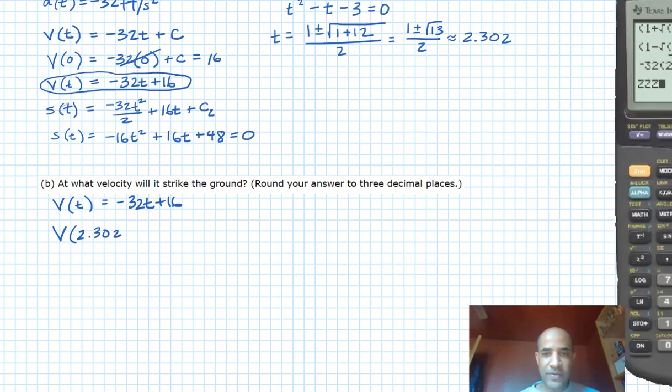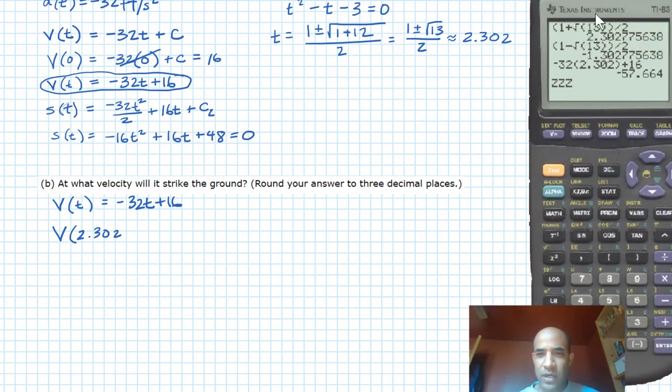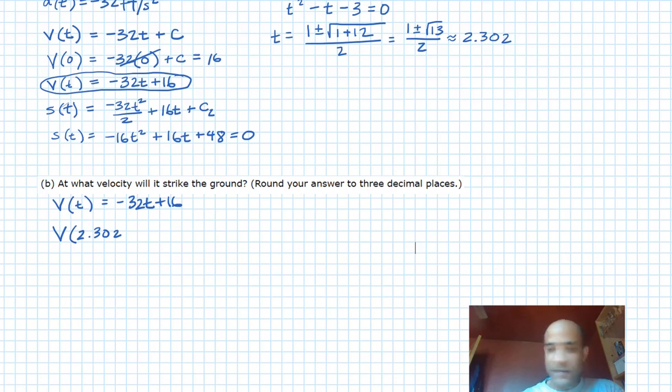So it's 2.302, but then I'll use 2 more. Why not? Just to be safe. It says 77 up there, right? So 77. I didn't notice they wanted me to round this one to 3 decimal places instead of just 2. So let's use a whole bunch.